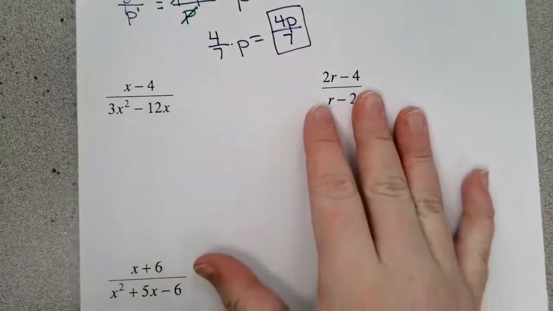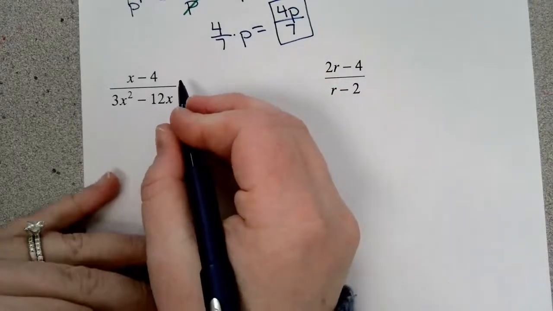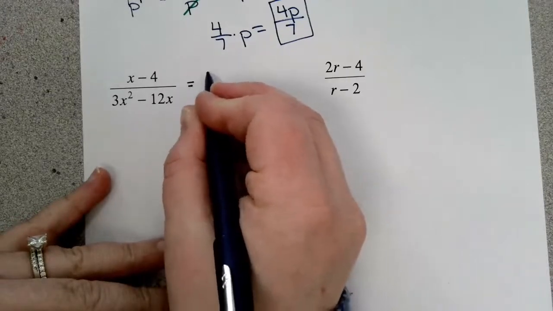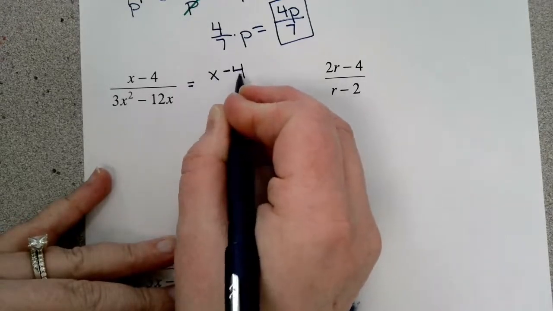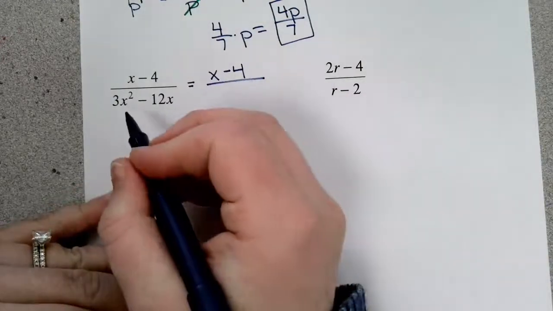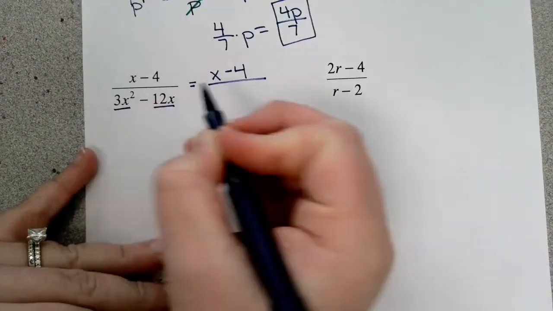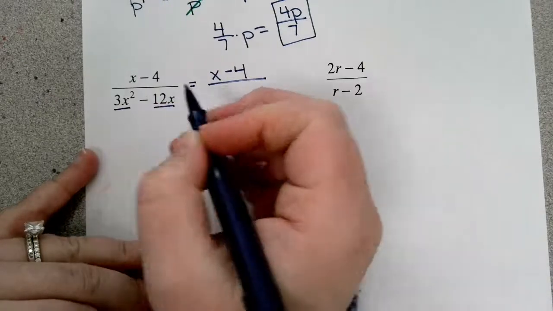Alright, we're also going to use greatest common factors and factoring techniques when we are simplifying rational expressions. So we look at our first example, and my numerator is already simplified. So that's going to say x minus 4. I can't factor that. I can't take anything out. My denominator here, I can find the greatest common factor between those two.